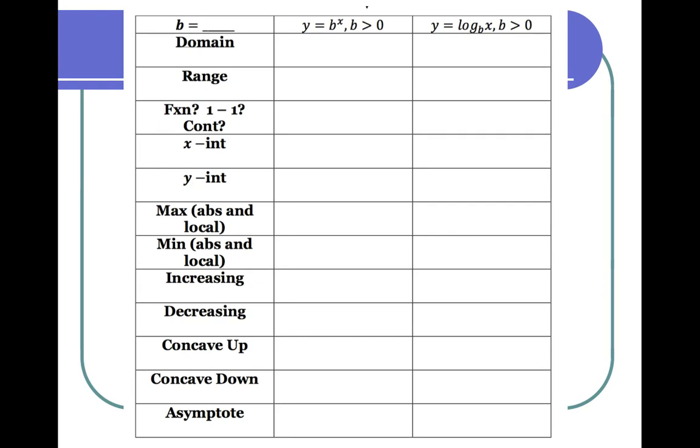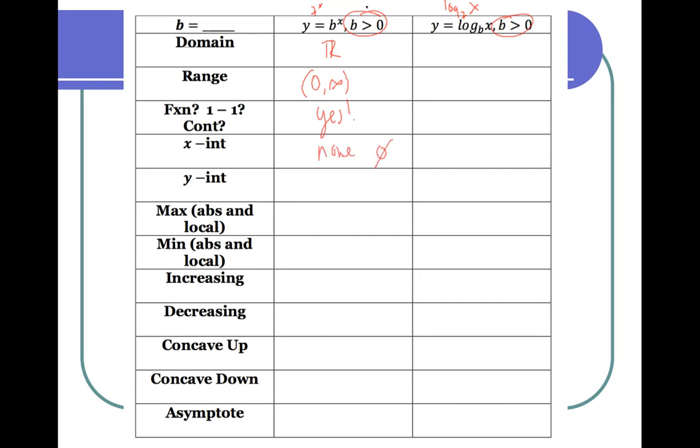So if I'm going to graph this first one, b to the power of x, where b is greater than 1, I was dealing with 7 to the power of x, and then here I was dealing with log base 7 of x, right? So my b is greater than 1 for both of these. The domain is all real numbers. The range was going to be from 0 to infinity. Was there an x-intercept?